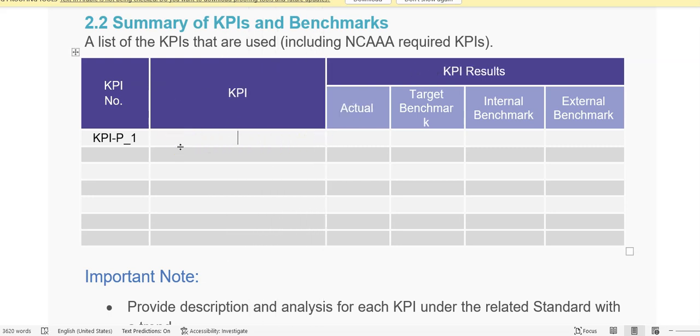So this will be the description, the percentage. I don't remember actually the other indicators or KPIs, the actual that you measured for this current year, 90%, the target benchmark that you put from the previous year, 85, internal benchmark 95, and external benchmark, for example, 96. So you have to write all KPIs here.